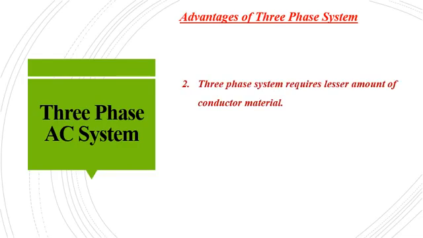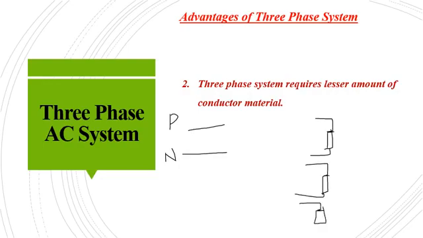The second advantage is that the three-phase system requires a lesser amount of conductor material. Assume that I have a single phase supply, this phase, then neutral. Then I have 3 loads. This is my load 1, load 2, and load 3.